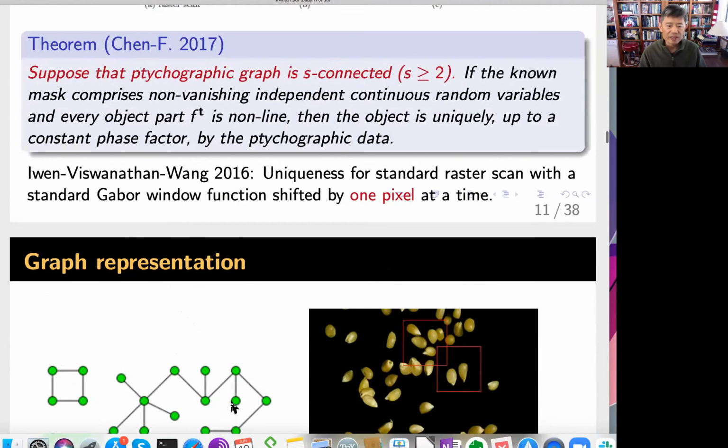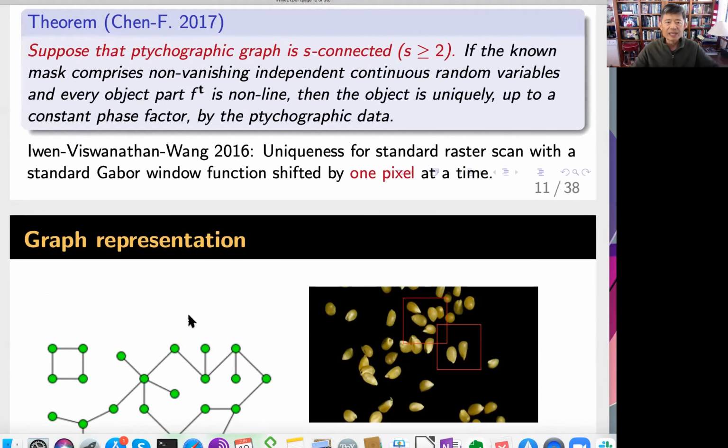So if the ptychographic graph is all connected with strength S, and S has to be greater than 2, and if the mask is known, here I'm not doing blind ptychography, I assume the mask is known, then you can show that, again, there are some generic conditions, like the object cannot be a linear object.